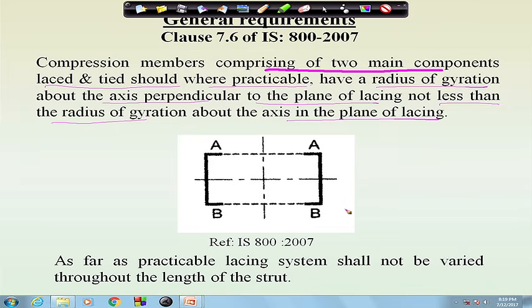So, this has to be taken care of. Therefore, as far as practicable, the lacing system shall not be varied throughout the length of the strut. That means the lacing system, the lacing spacing and lacing dimension should not be varied along its length. That also has been mentioned in the code.